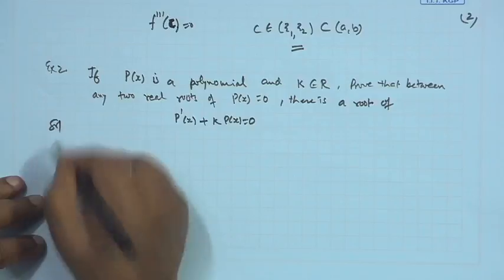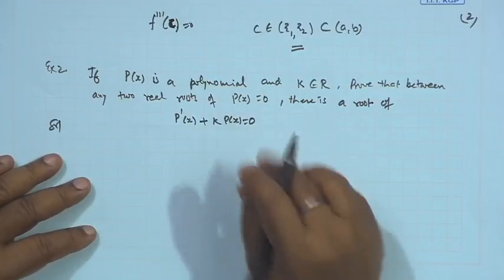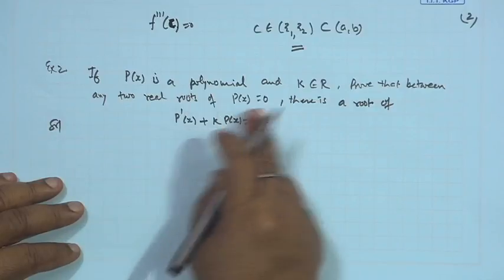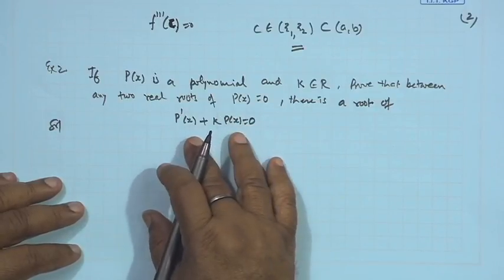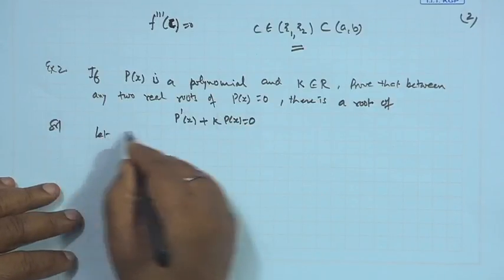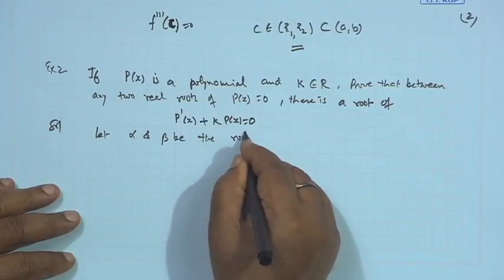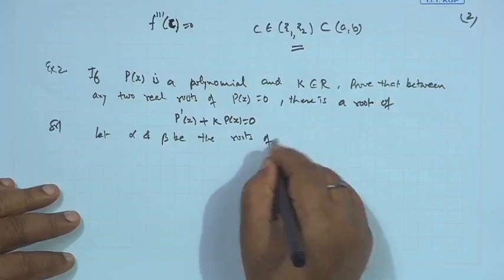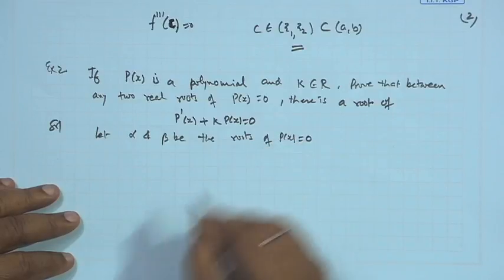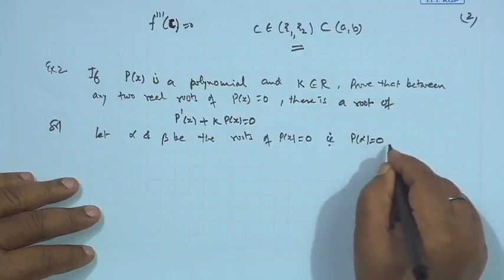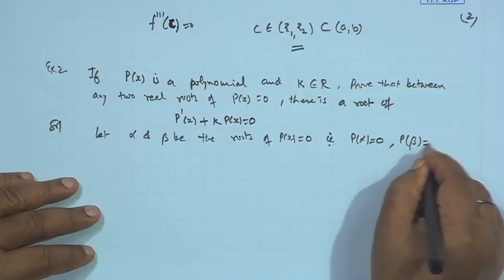So, solution. p(x) is a polynomial. Prove that between any two real roots of p(x) equal to 0, there is a root of this equation. So, let alpha and beta be the roots of the equation p(x) equal to 0. It means that p(alpha) is 0, p(beta) is 0.